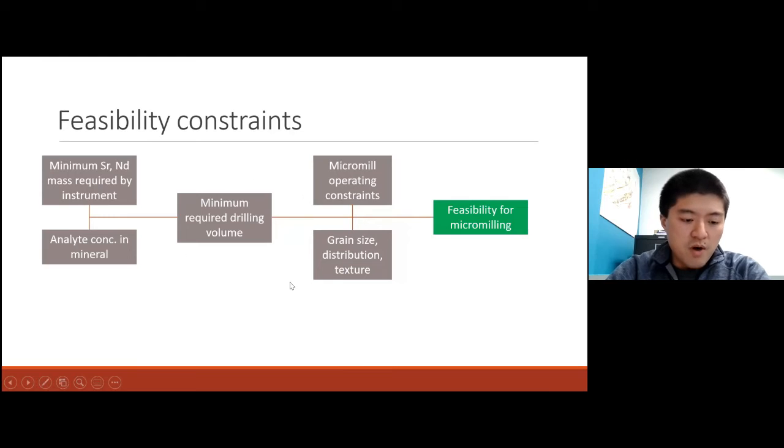The minimum required volume to make up one fraction is defined by the minimum mass of strontium and/or neodymium required by the analytical instrument, and it's also dependent on the mass of these elements in the target mineral that's going to be drilled. Then we assess how these minimum volumes translate into drilling time and the sample area that's required, and then we compare these to the actual petrography and textures of shergottites.